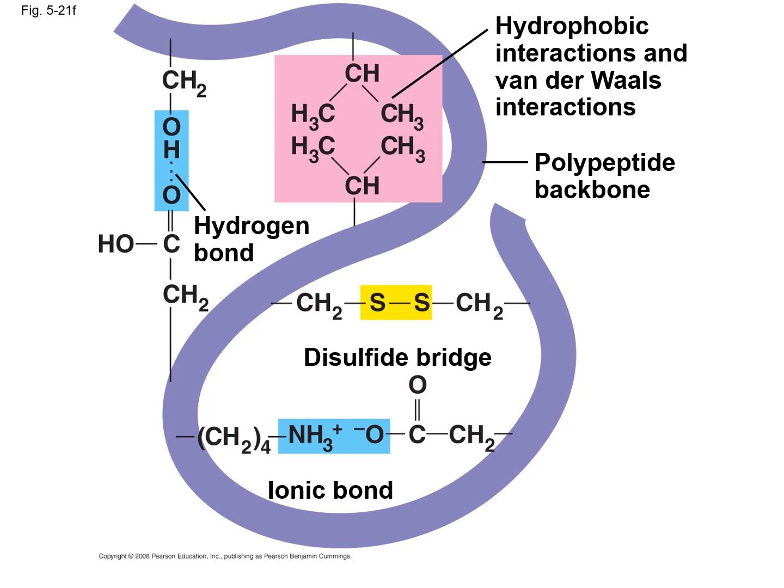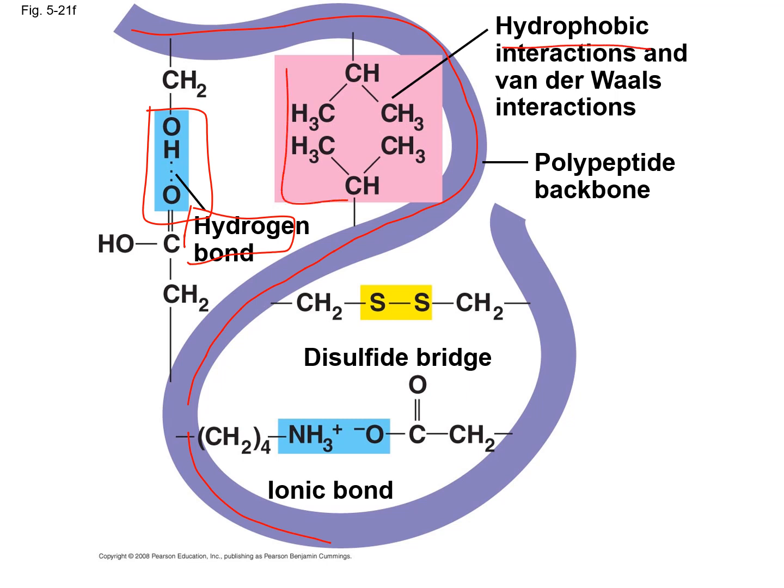So you can also have hydrogen bonds influencing tertiary structure, but this is between R groups, not parts of the backbone. So this purple indicates the amino acid chain, and these are R groups that are coming off of the amino acid chain. You can have hydrophobic interactions, so you can have those non-polar R groups that are forced together, excluded by the water.